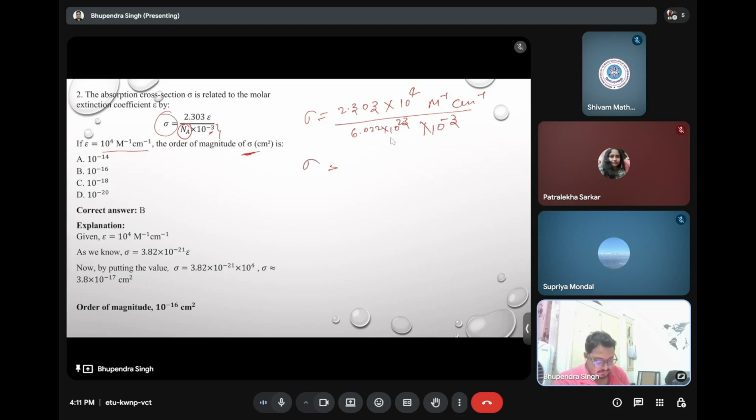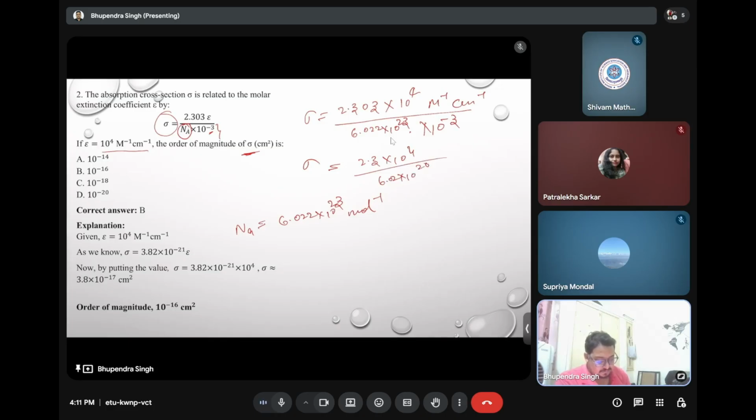So just calculate: it is 2.3 × 10^4 per mole, and Na is also per mole, so the unit will be centimeter square after that, divided by 6.022 × 10^23. This becomes 20.